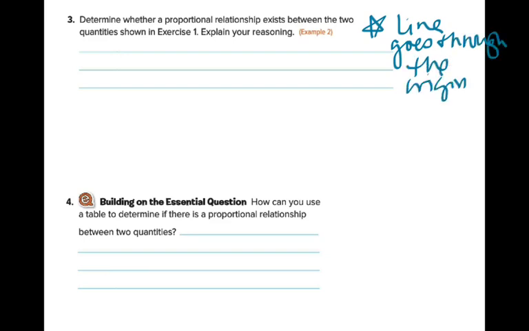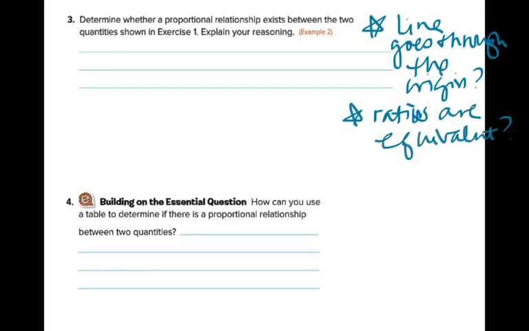If it does, it is a proportional relationship. The other thing you can do is take the ratios. Are the ratios equivalent? Okay, so take a look back at example 1 and see if you can figure out if those two things are happening. So hit pause and see if you can figure it out.